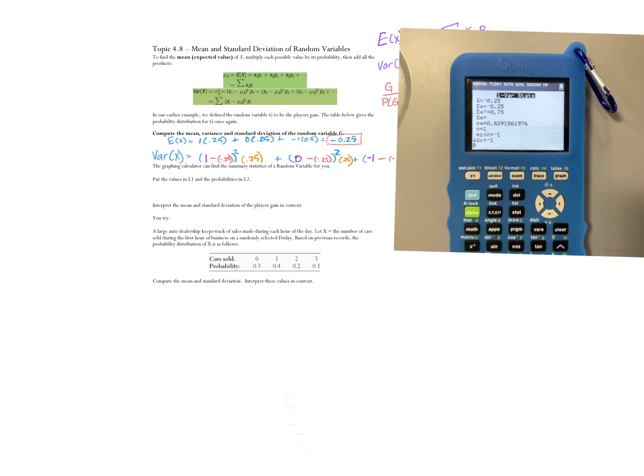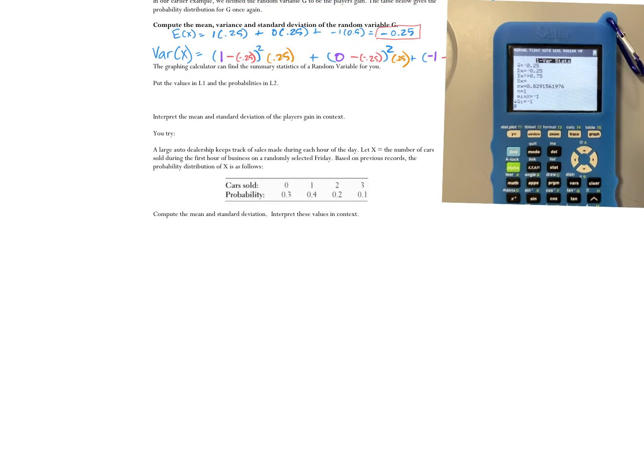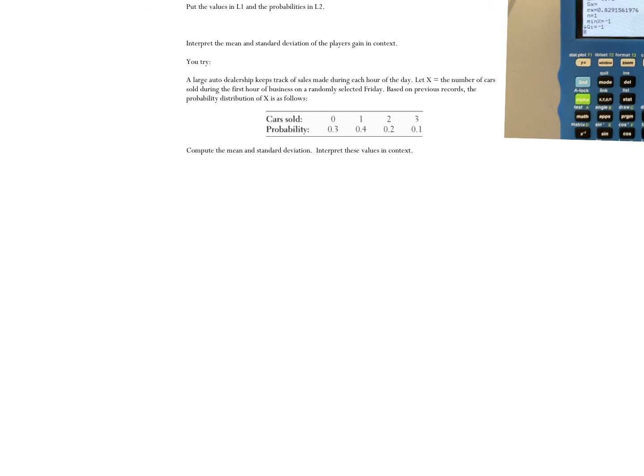Let's just do another example real quick. In this case, if you go to a certain car dealership, they can either sell 0 cars, 1 car, 2 cars, or 3 cars in a given time frame. We can see the different probabilities for each of these, right? So if they sell 3 cars in a day, that's pretty awesome.